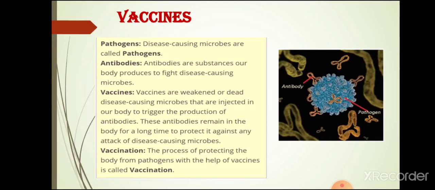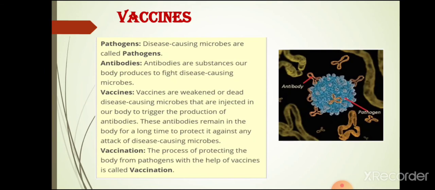So when disease carrying microbes enter our body, what does our body do? Our body starts producing antibodies to fight the foreign particle. So the body remembers how to fight the microbe if it enters again. If dead or weakened microbes are introduced in a healthy body, the body fights and kills them by producing suitable antibodies, which we call vaccination.